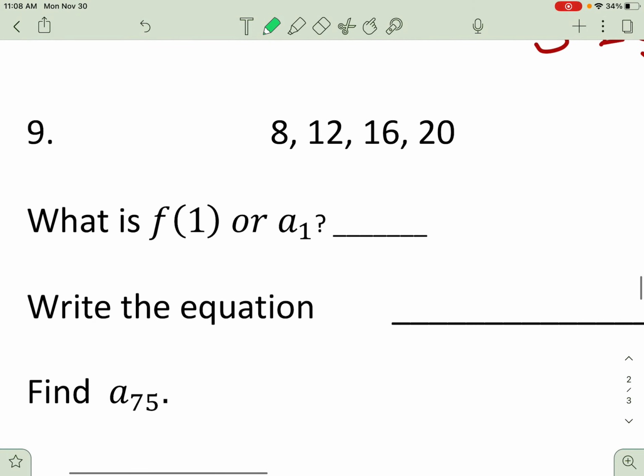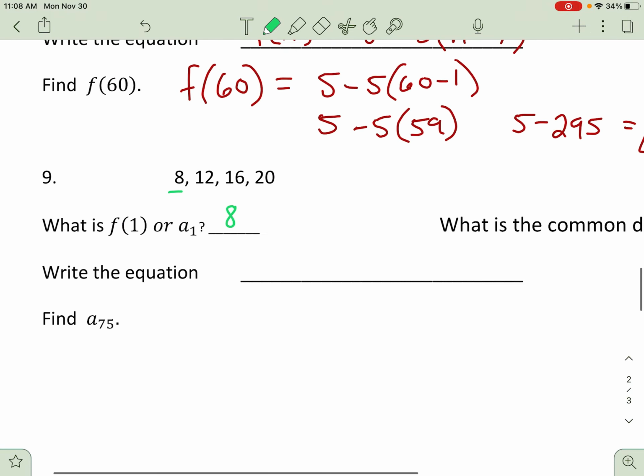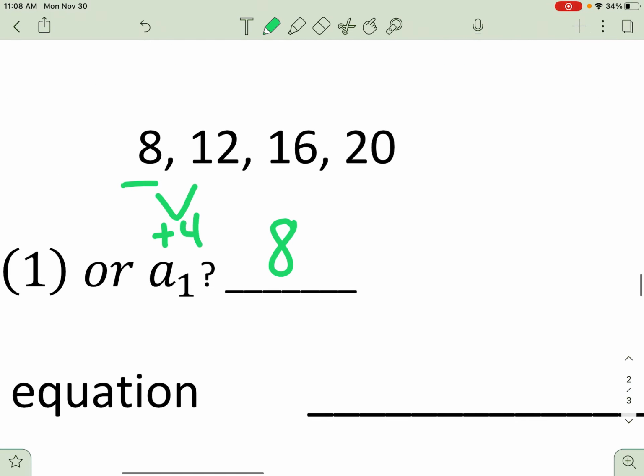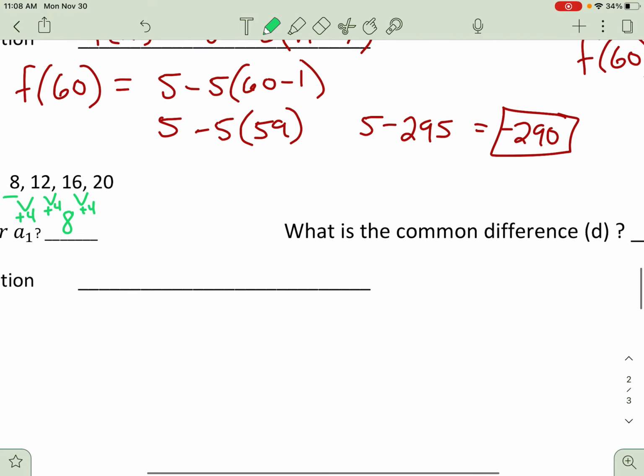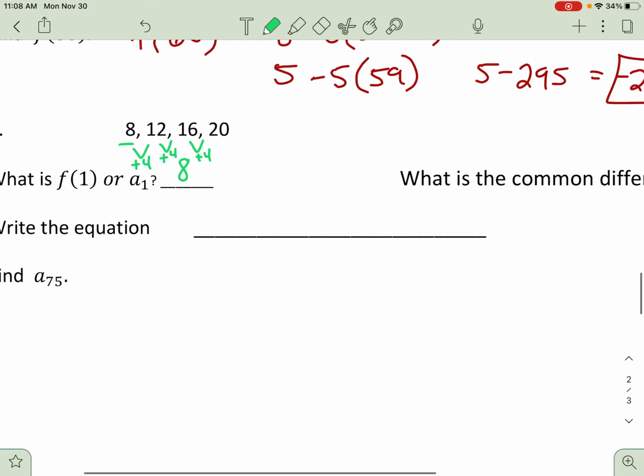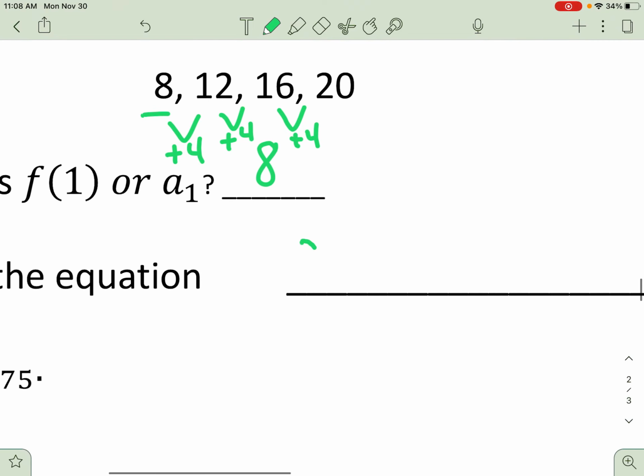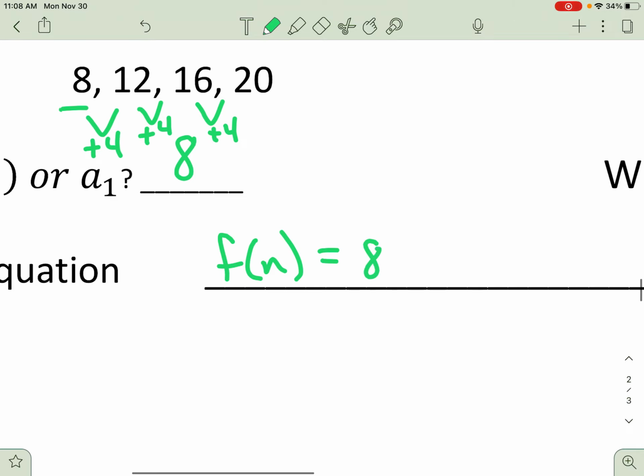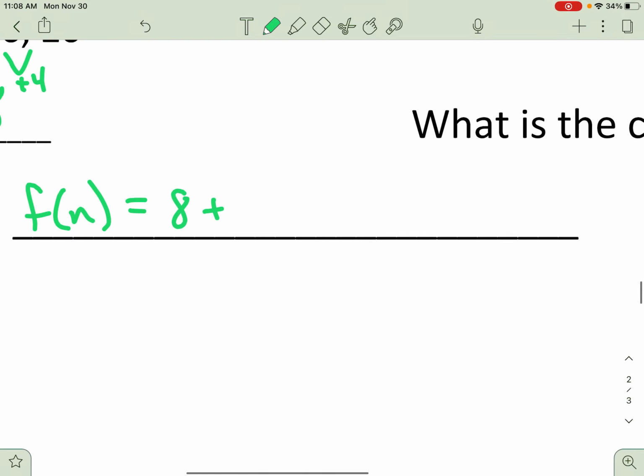Okay, another one, explicit formula. What's the first term? It is 8. What's the common difference? This one's going up 4. So our common difference is 4. Okay, so how do we find the nth term? Well, it's equivalent to the starting value plus the common difference, which was 4 times n minus 1.